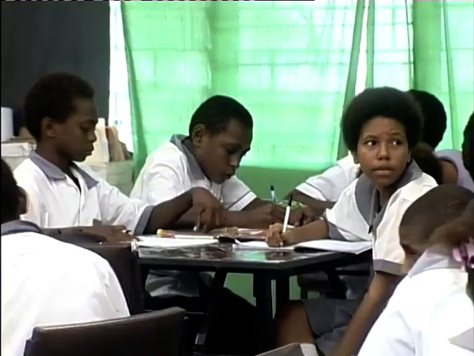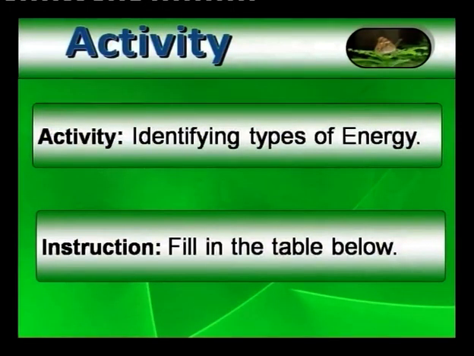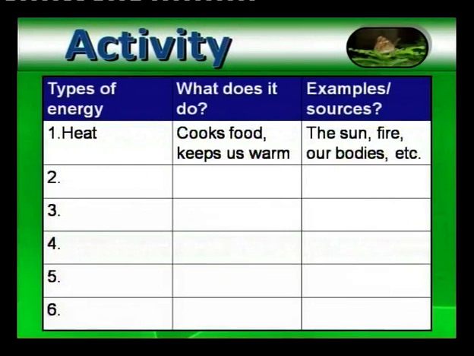Now we will move on straight into our main activity, receiving students and 6C. Okay, our activity title is identifying types of energy. And the instruction, fill in the table below. So you will use your exercise books. Receiving teachers, you can tell your students, you will use your exercise books to draw the table.